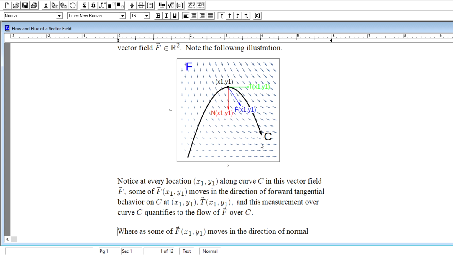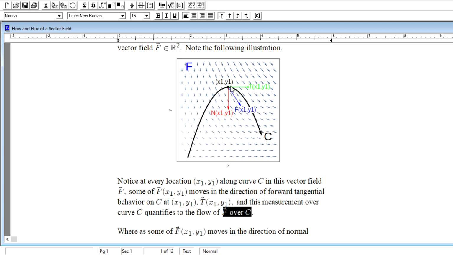That quantity over this entire curve C, the quantity of the field that moves in the direction of the curve, quantifies to what we call the flow of the field F bar over curve C. How much of the field moves in the direction of the curve is what we call the flow of the field over that curve C.